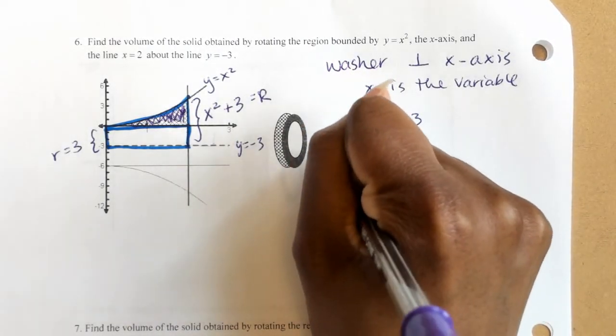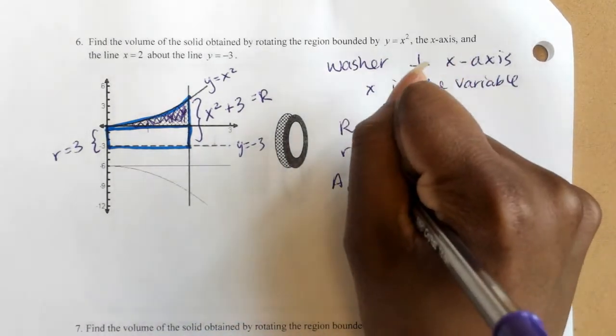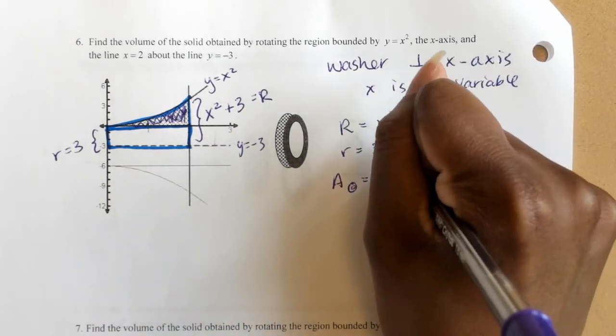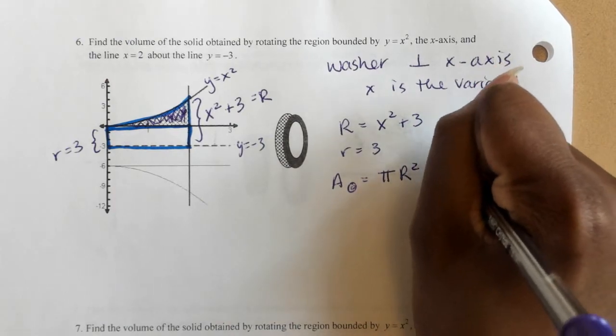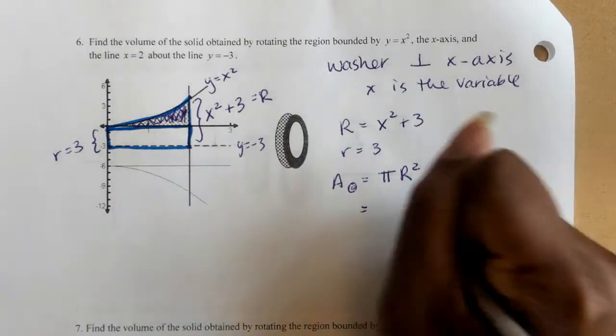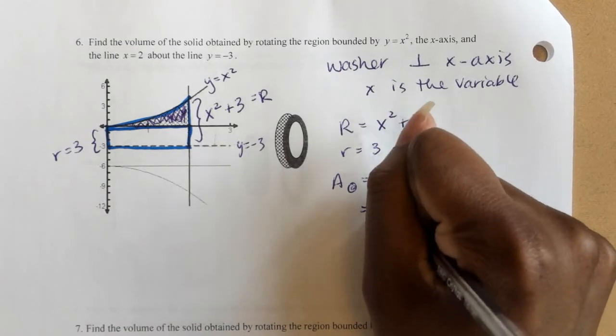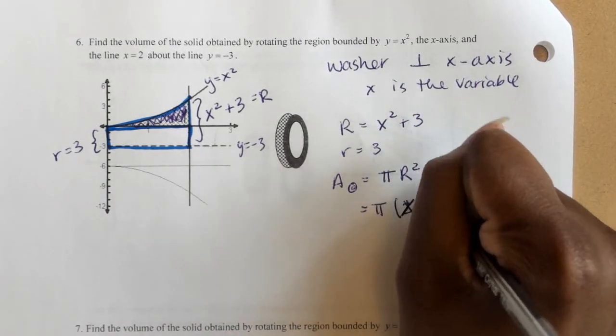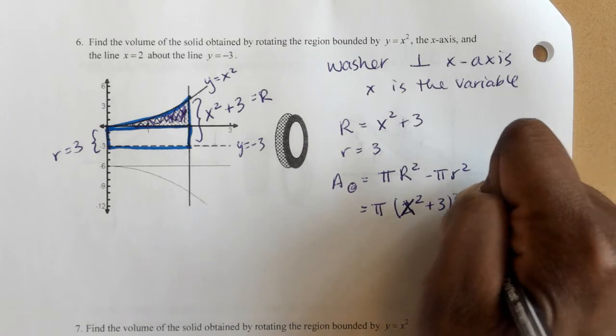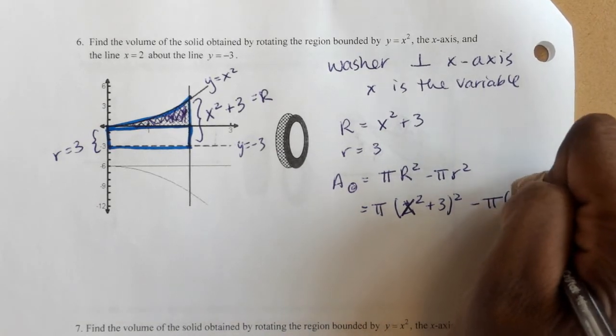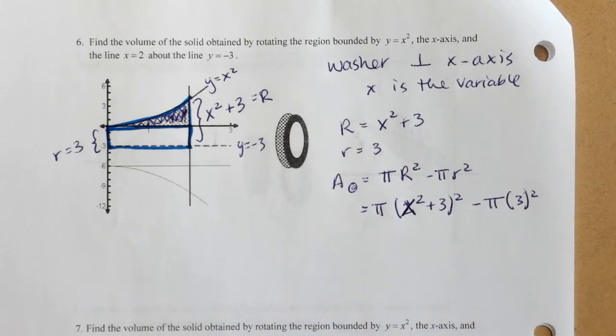So the area of our washer is equal to pi big R squared minus pi little r squared. So we have pi times x squared plus 3, squared, minus pi times 3 squared.